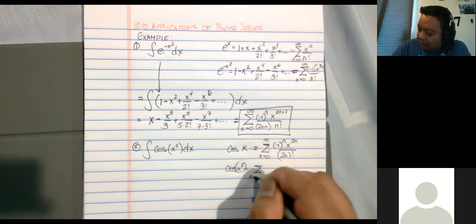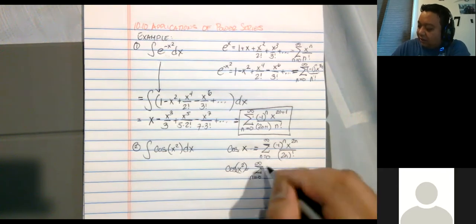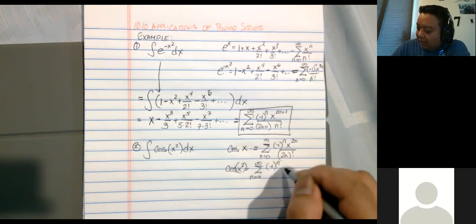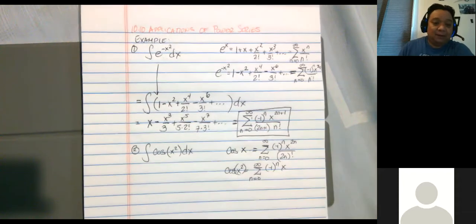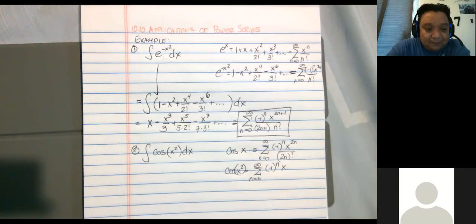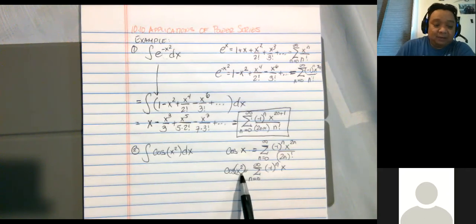is the summation from 0 to infinity of -1 to the n, x to the what power? It's going to be x to the what if you replace x with x squared?